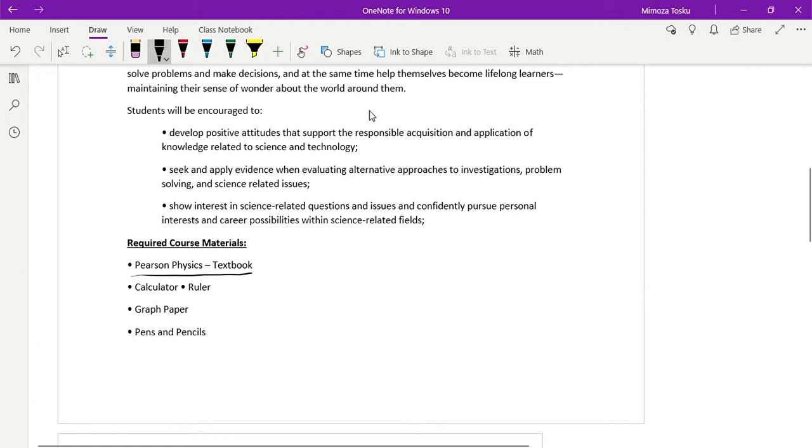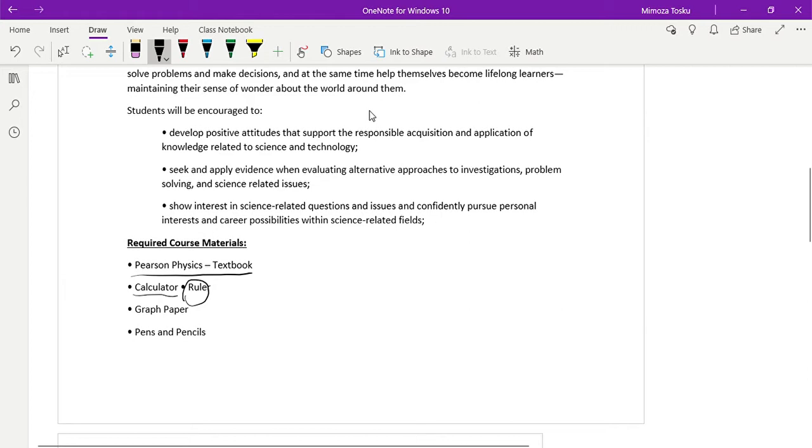You would need a calculator. I would prefer for you to have a TI 83 or 84, some calculators that are graphing calculators that you will be able to graph something and then to see the graph on how the graph looks like. It is required especially for labs, to have a ruler, graph paper, and of course pen and pencil.